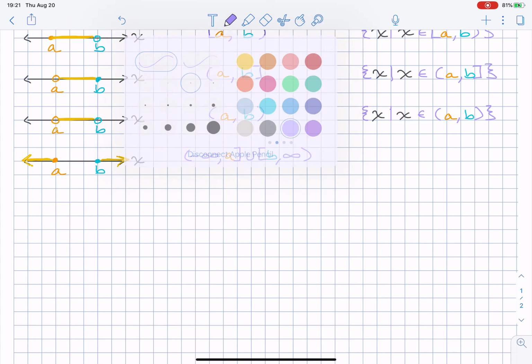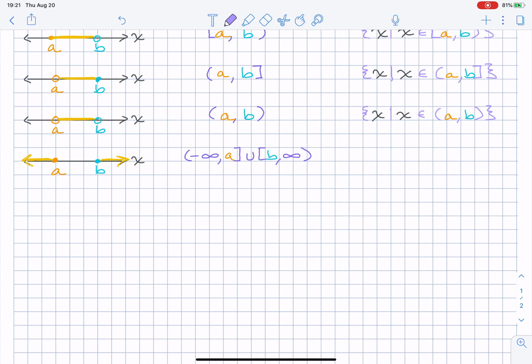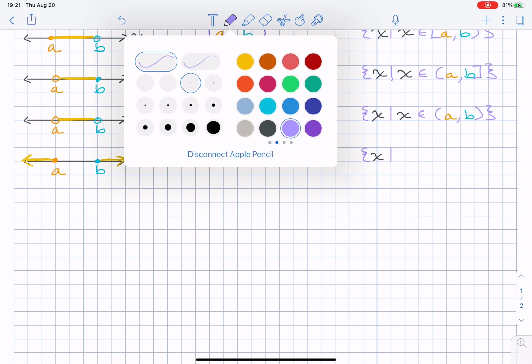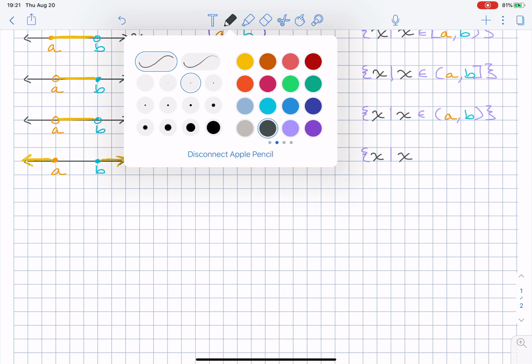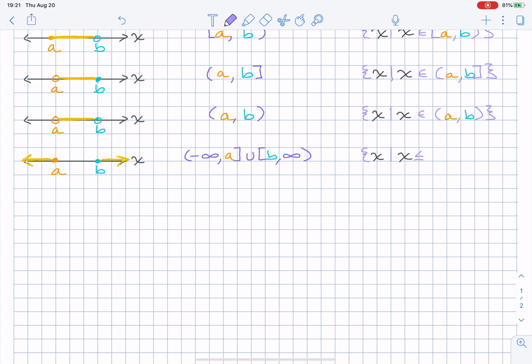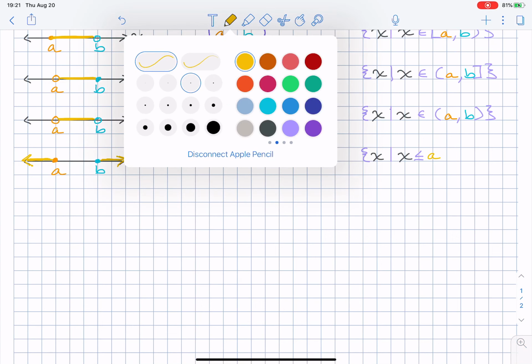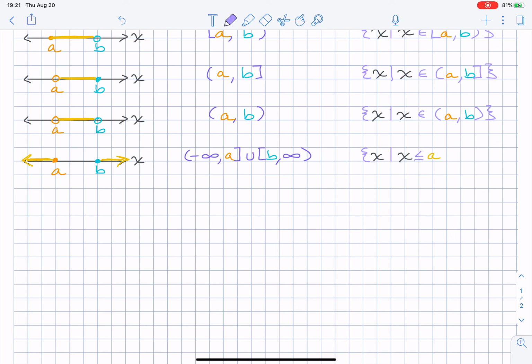So now the set notation, there's a couple ways we could do this. I'm going to write it as a set of all values of x, such that x is less than or equal to A, because it's pointing to the left of A, or, and for those of you that know set notation, or and union, which is what we have here, are the same thing.